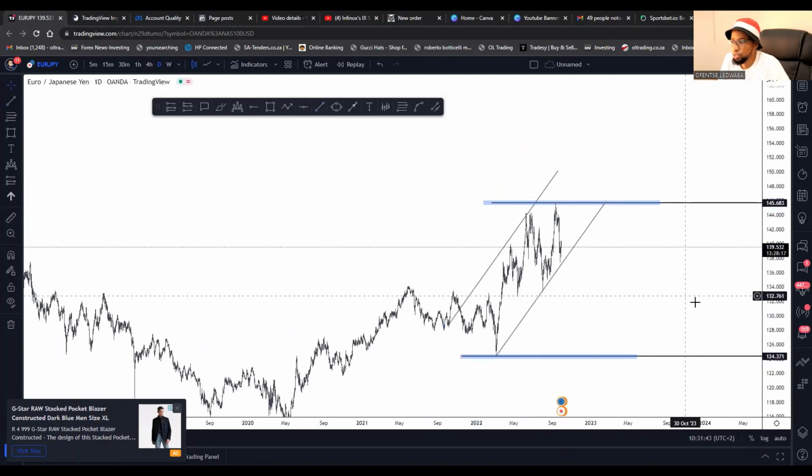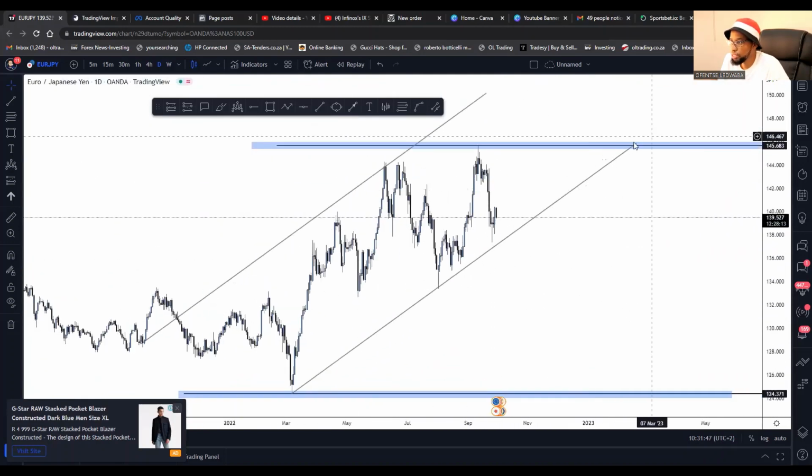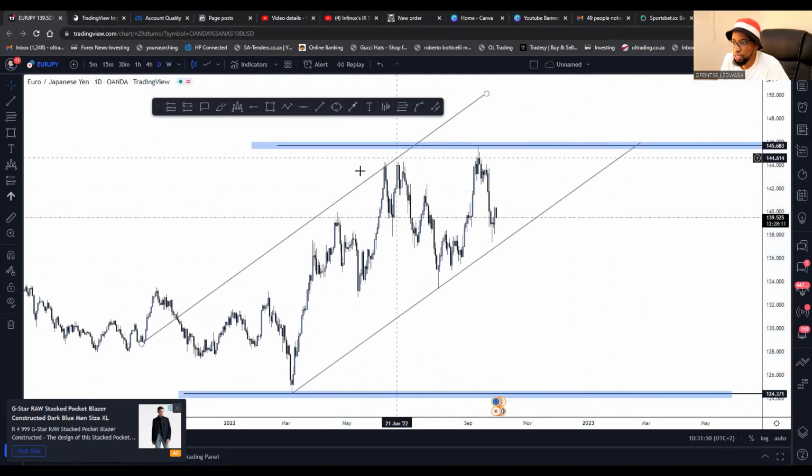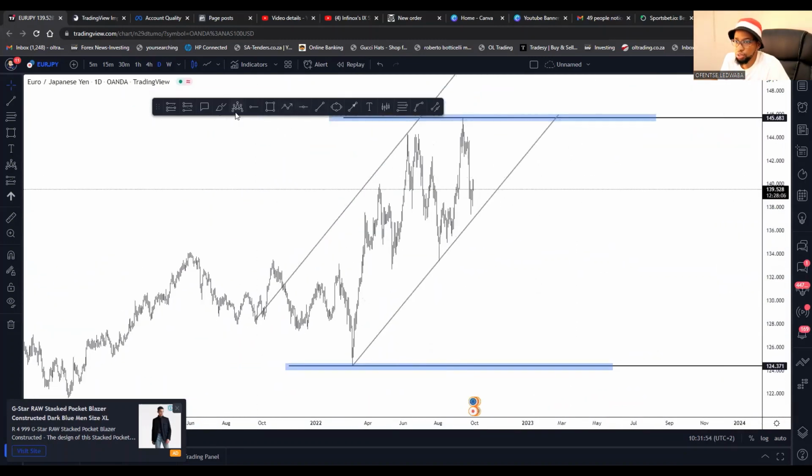As I've drawn the line, you can see it's showing signs that yes, indeed we are pushing to the upside. As I've explained, I can draw this again to show you why we pushed to the upside.